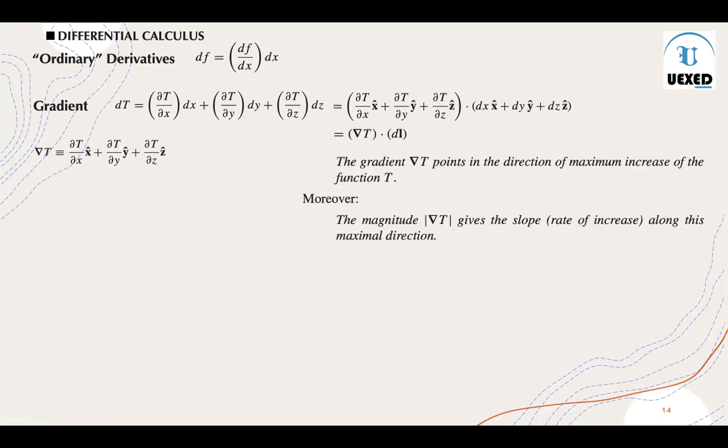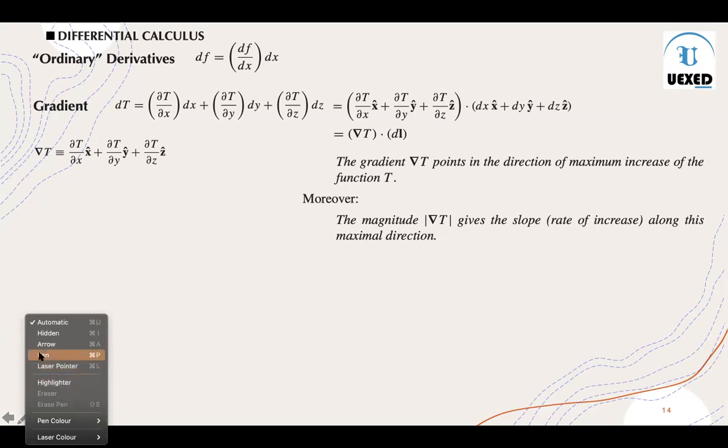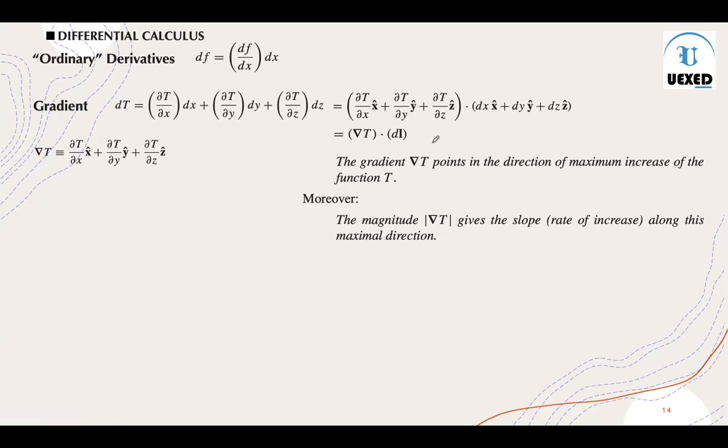So we can say the gradient, delta t, points in the direction of maximum increase of the function t. And what that means, let me just elaborate more. So you can always write this as delta. Whenever we write by hand notation, we put an arrow over the vector quantity.